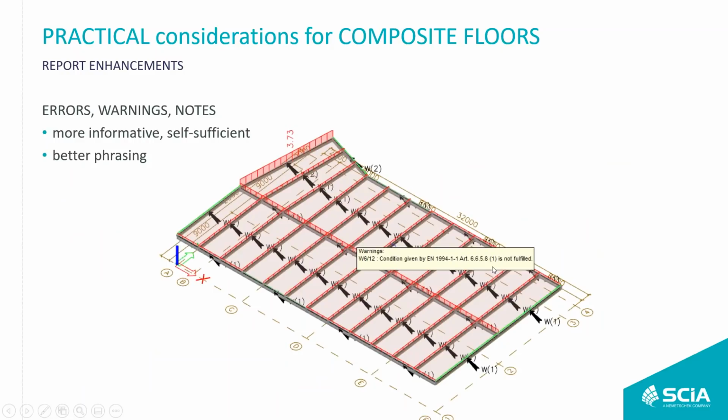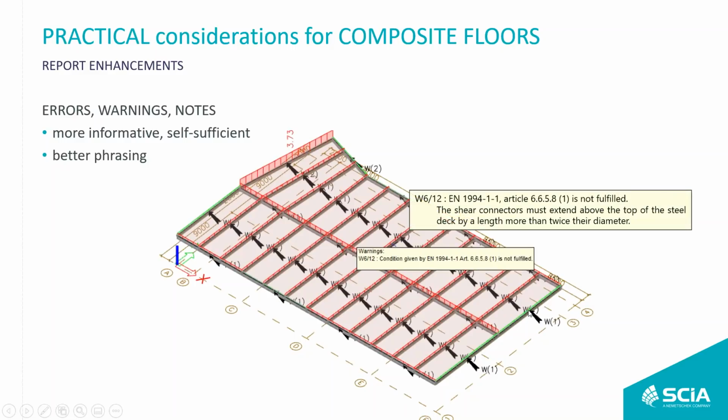Version 18.1 was very difficult with warnings, as most of them were "condition given by is not fulfilled". Now we've rephrased them, and we have, for example, "the shear connectors must extend above the top of the steel deck by a length more than twice their diameter". So now I know what I have to edit in my model in order to not get that warning.